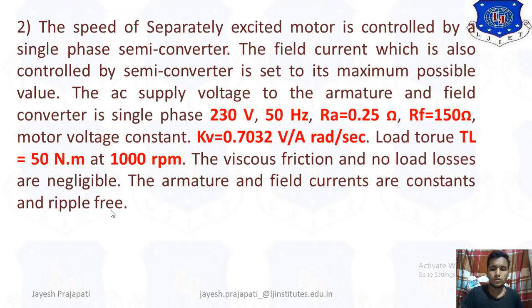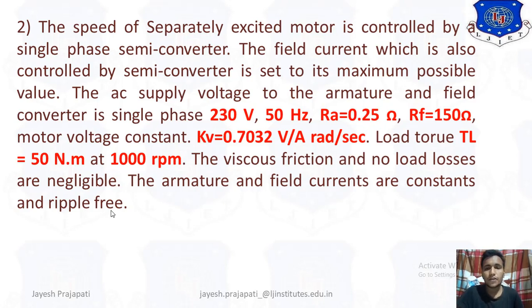Now we have to discuss example number 2. The speed of a separately excited motor is controlled by a single phase semi-converter. The field current, which is also controlled by a semi-converter, is set to maximum possible value.